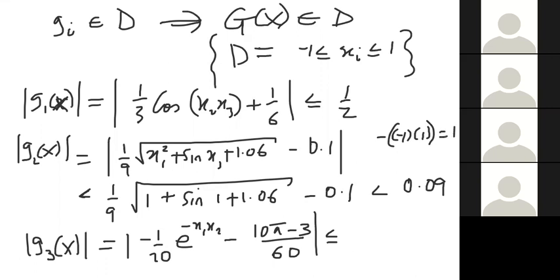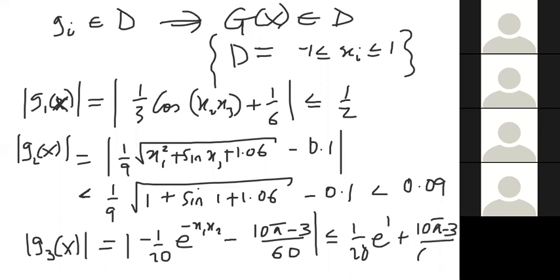If I have a negative value in there, then that value will be smaller than this one that I'm going to get when I have the product equal to 1. So looking at that, I'll be able to see that the maximum would be at 1/20, then e to power 1, then plus this number 10 pi minus 3 over 60. Right? And you'll be able to see that this, if you use your calculator, will be less than 0.61.